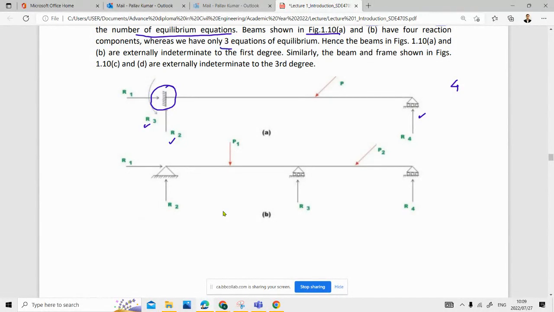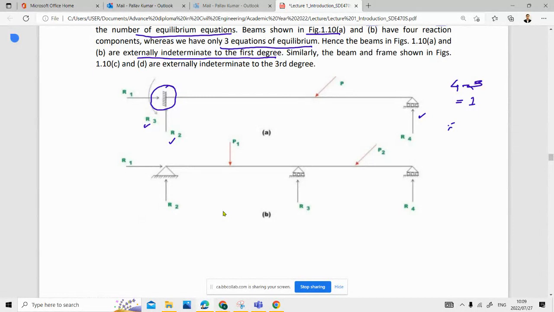Whereas you have only 3 equations of equilibrium: summation of x, summation of y, and summation of moment. So if you subtract, 4 minus 3, you get 1. So this is externally indeterminate to the first degree, right?